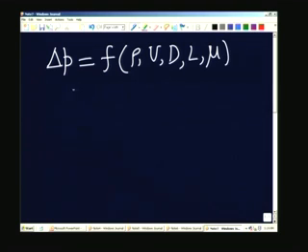Therefore, there are 5 factors. And you will see that if I were to do a factorial design, there will be 2 to the power of 5 experiments to resolve all the interactions. So we require 2 to the power of 5 experiments. That will be 32 experiments are required in this case.